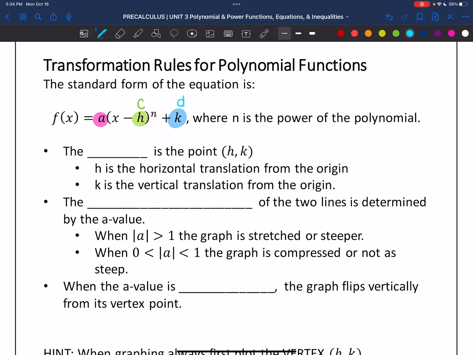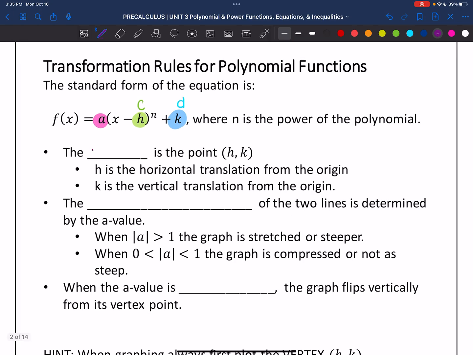Where n is the power of our polynomial function. Remember, you can have even power polynomial graphs, or you could have odd power functions, right? That can happen. And now let's talk about what these values of a, h, and k do to our graph. The vertex is that point (h, k).